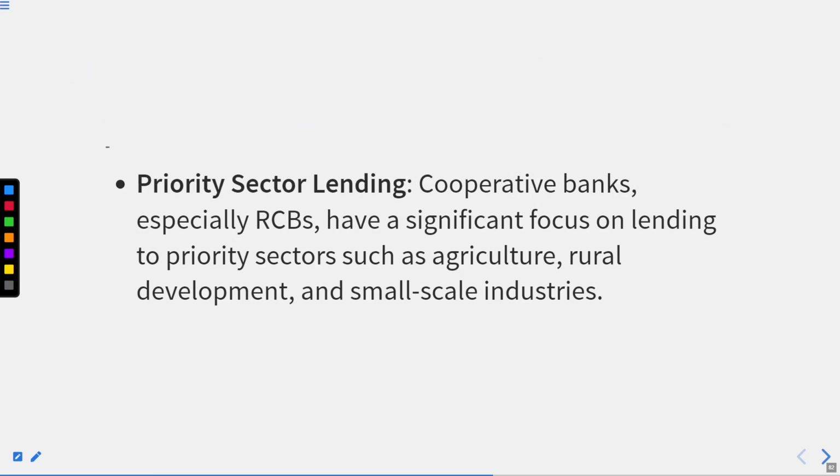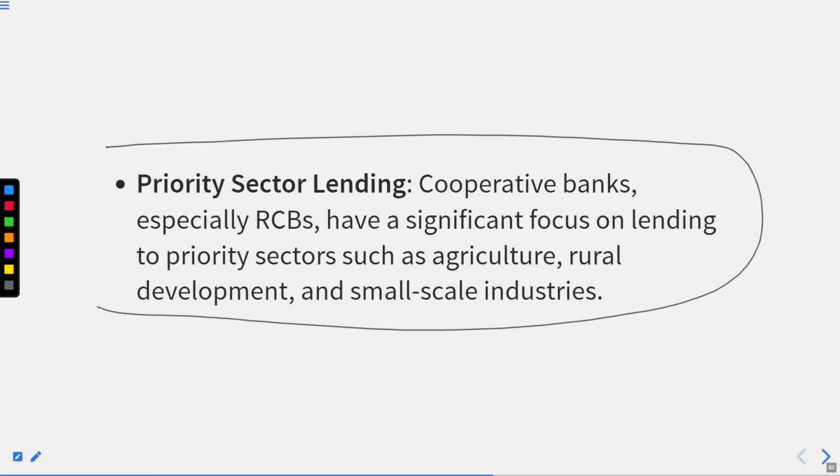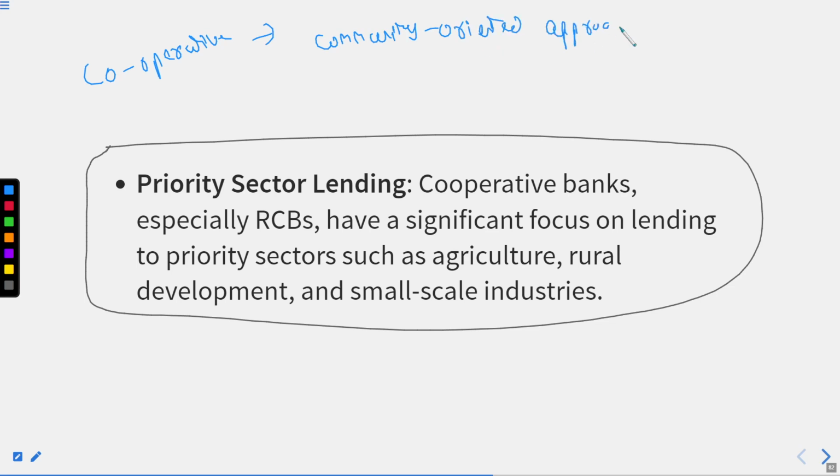Thereafter, the priority sector lendings. Okay, it means that however the cooperative banks are established for a community oriented approach, still they have their PSL targets.